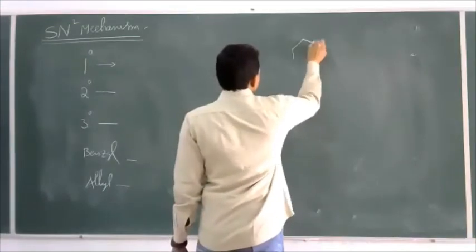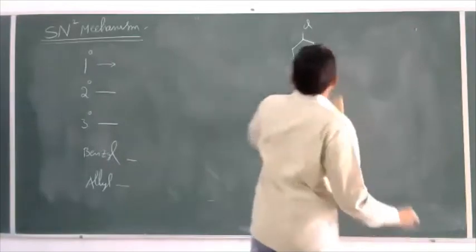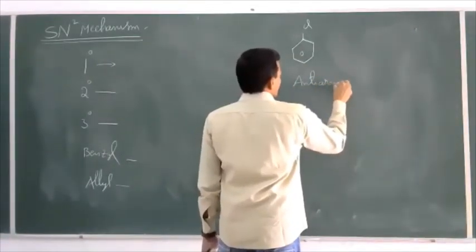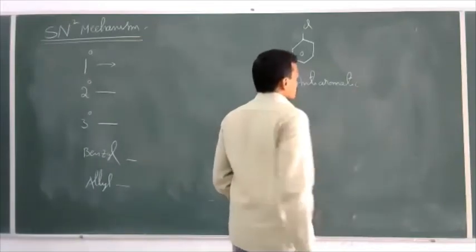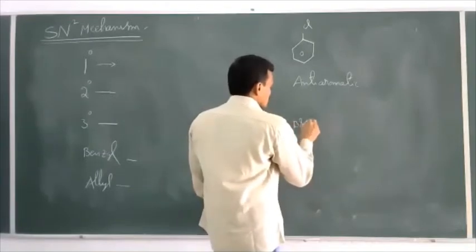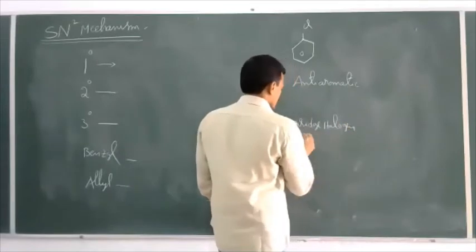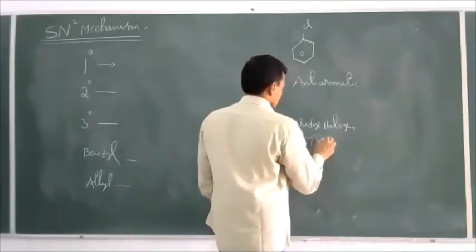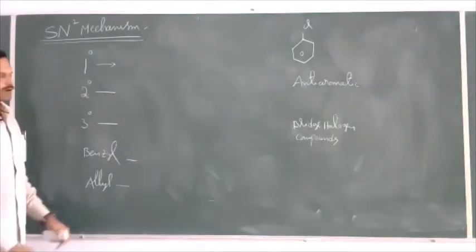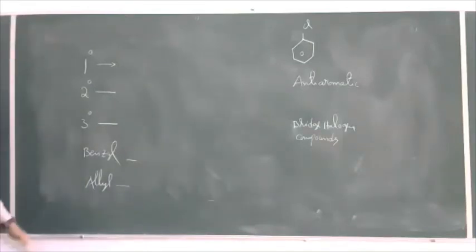Aryl halide, anti-aromatic compounds, bridge halogen compounds. So these are different types of compounds. Out of these, which undergo SN1 reaction, which undergo SN2 mechanism?